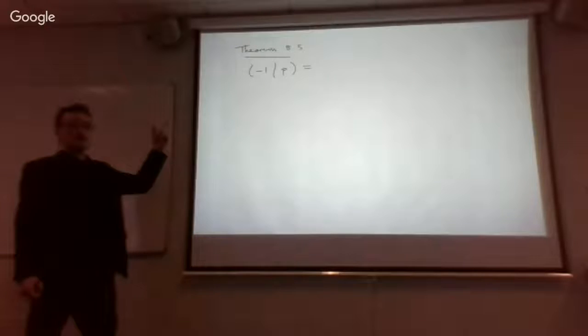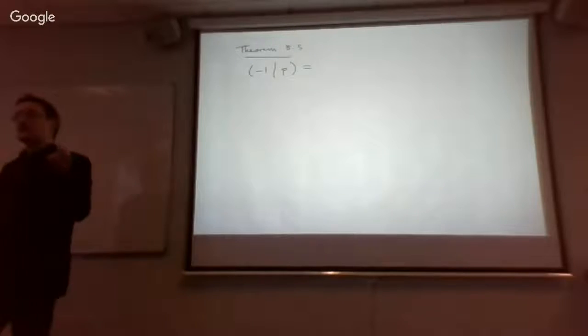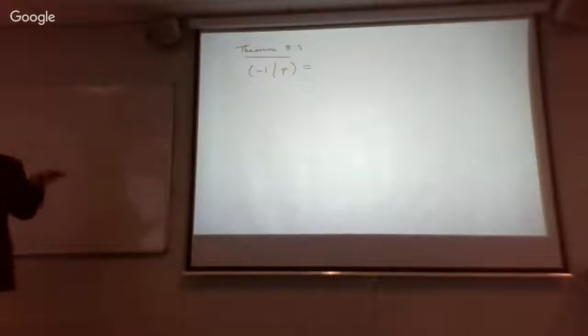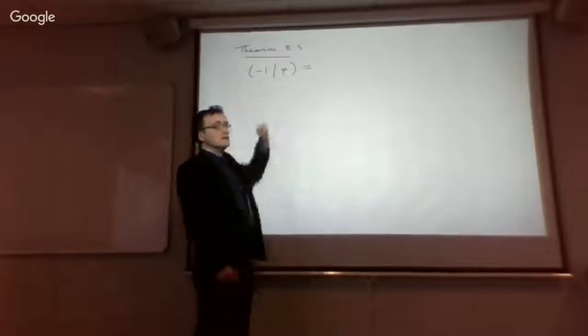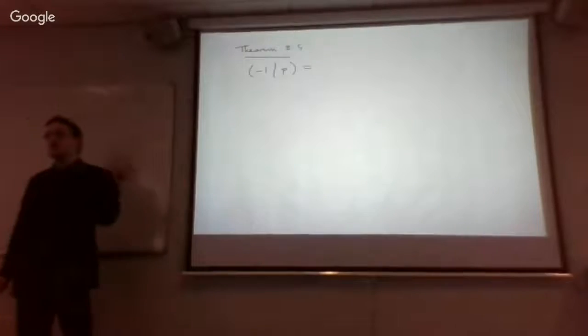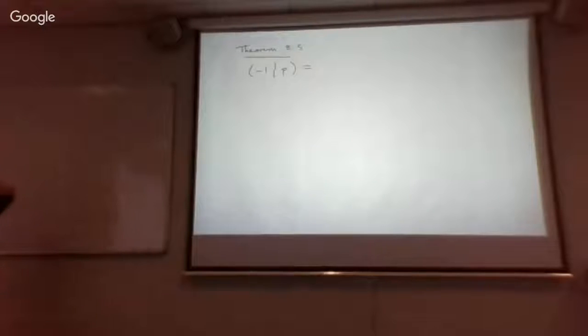Now, +1, of course, is clearly a quadratic residue. +1 is the square of 1 and -1. So 1 is always a quadratic residue. -1 is sometimes a quadratic residue, and sometimes not.